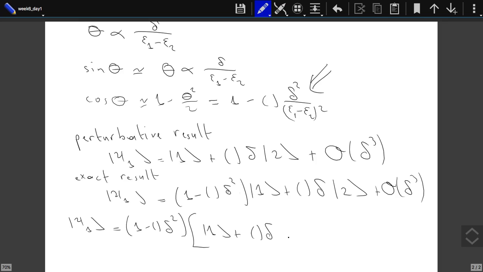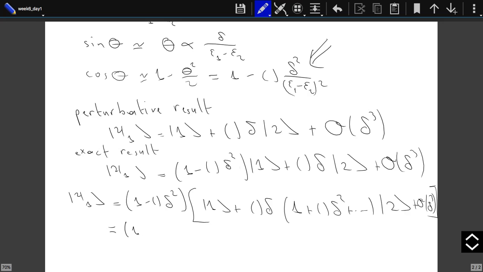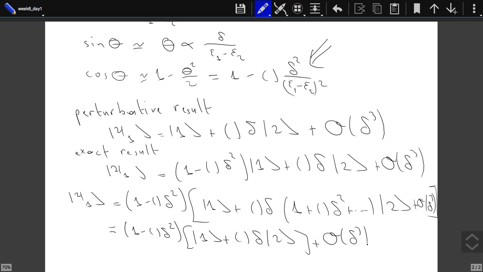Well, 1 over this factor times delta would give me 1 plus the same factor delta squared plus other terms of the order of delta cube, which is 1 minus this normalization factor, times 1 plus some factor times delta, plus terms of the order of delta cube. And up to a normalization, both answers are consistent with each other. Both answers are the same up to a normalization.